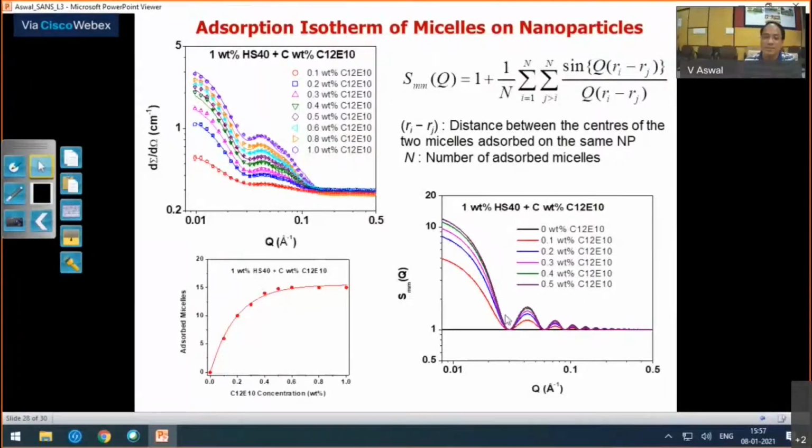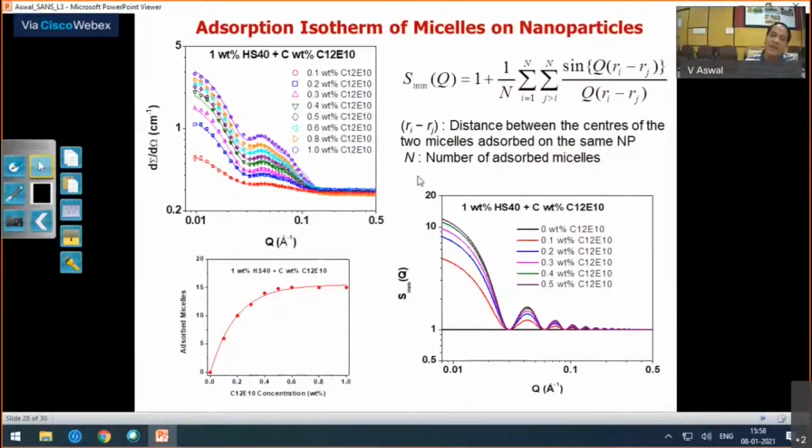So you can see that as the number of micelles increases, the buildup in the low Q region increases, and your peak positions remain the same. Only the prominence of the peak contribution at the peak position is enhanced. So what happens? Unlike the concentration effect in solutions, where distance is important, in this case the nanoparticles are getting adsorbed at the surfaces, and the structure factor is decided by the excluded volume effect.